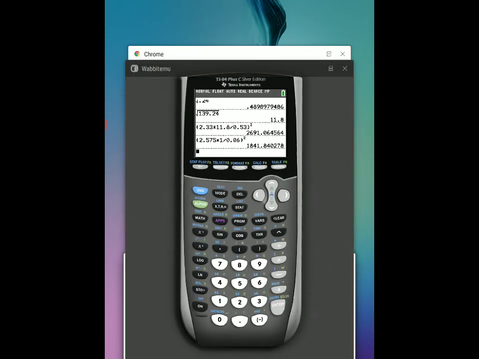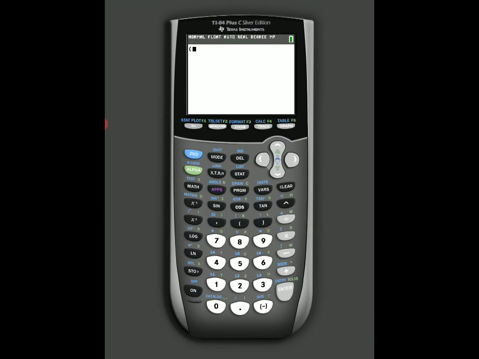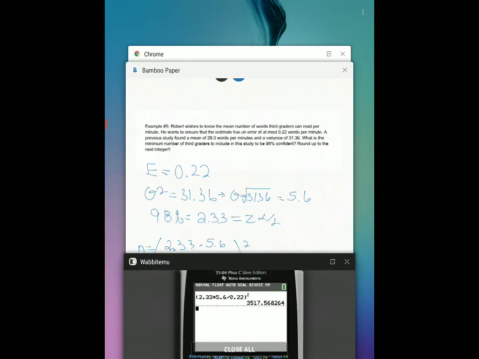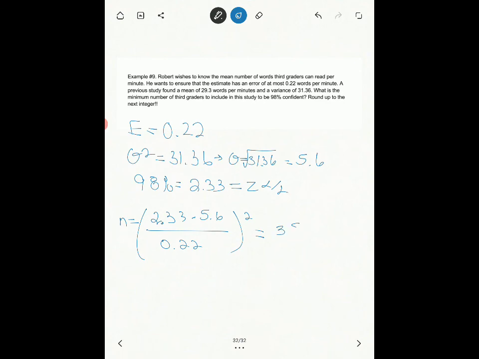So we go open parentheses, 2.33. You have to use the parentheses here, otherwise your calculator is just going to square the very last number. Times 5.6 divided by 0.22, close parentheses squared. And we end up with 3,517.5, which is 3,518. Do not round correctly for these.